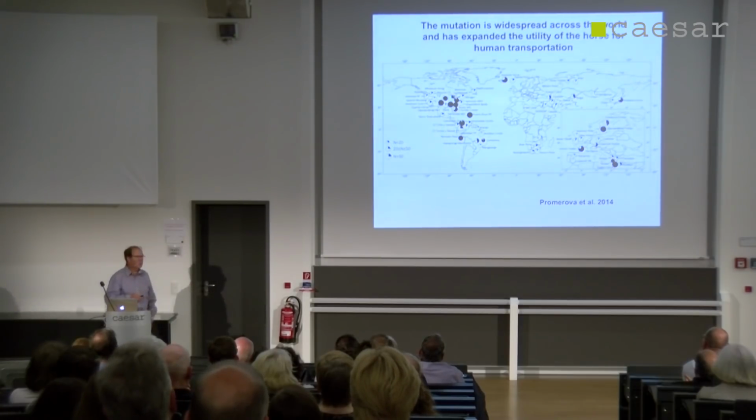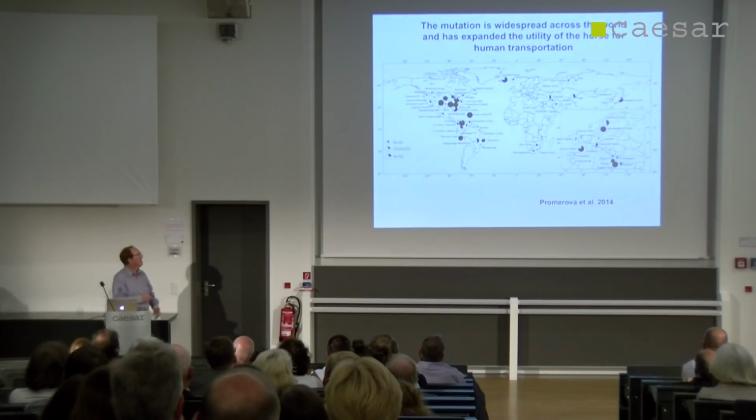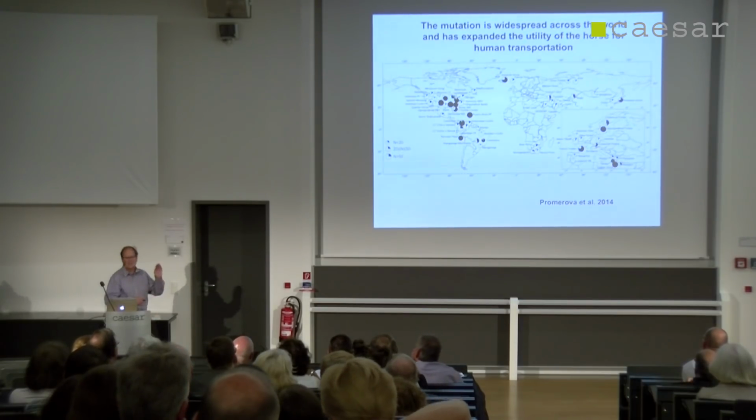So I contacted a person in Japan, and I asked him, well, do you have any horses in Japan that have these ambling gait types? And he told me, well, we have this local breed called the Hokkaido horse, and they were very popular during medieval time because the samurais were riding heavily armed, and they liked the smooth gait of these horses. And we found exactly the same mutation in these horses.